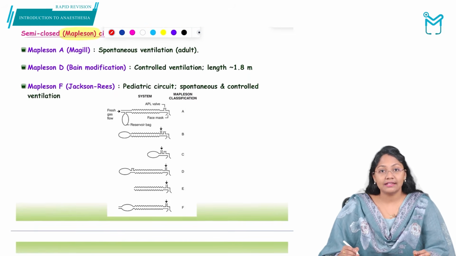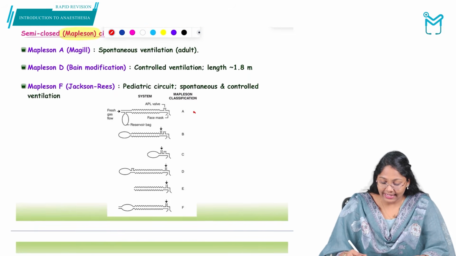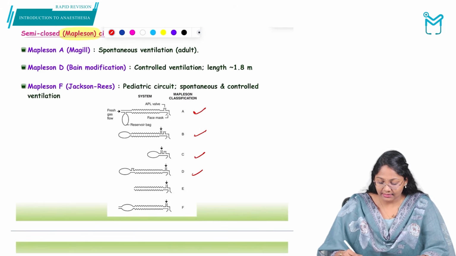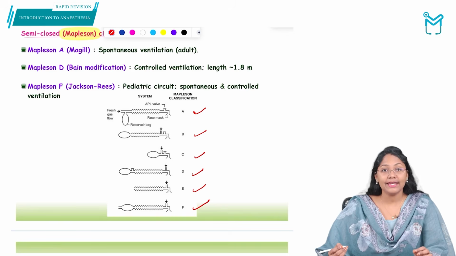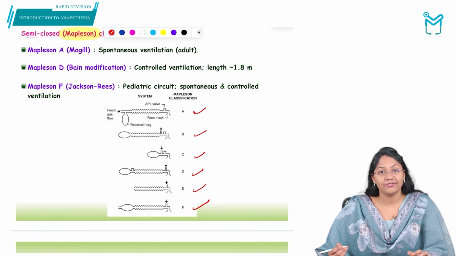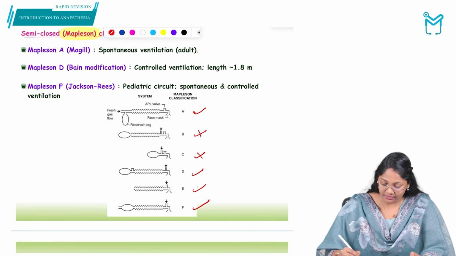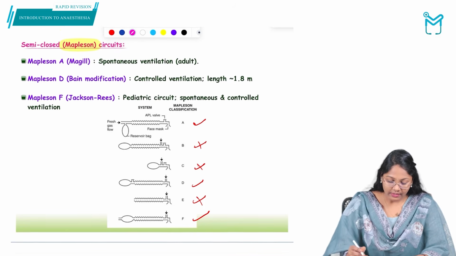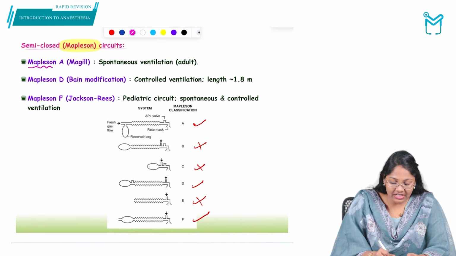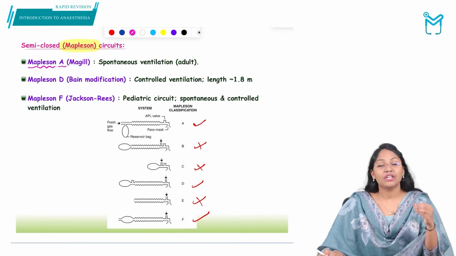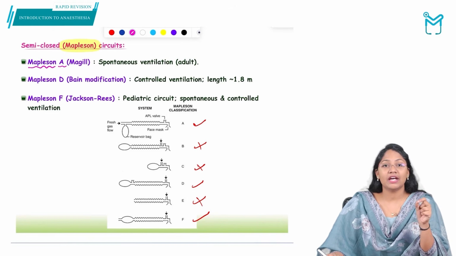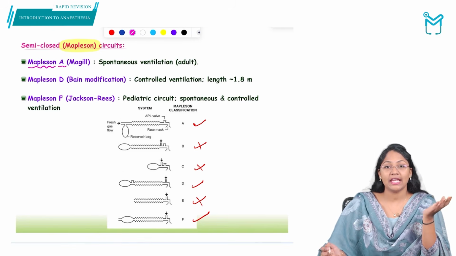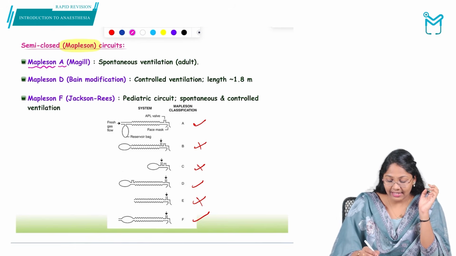Now coming to its classification, there is a Mapleson classification A, B, C, D, E and F, but of these we are only using A, D and F, the others are not in use. Coming to the first one, Mapleson A, we also call it Magill because he is the one who modified type A and gave us the ventilation.